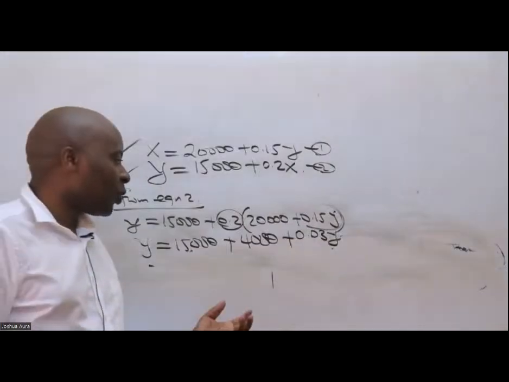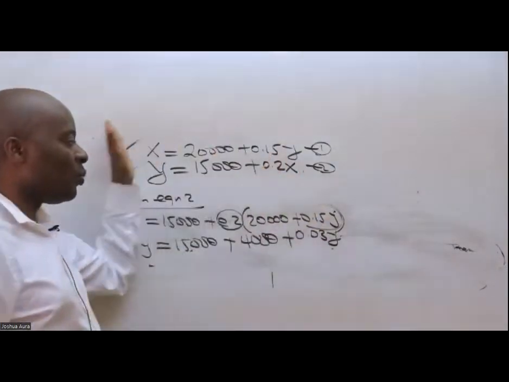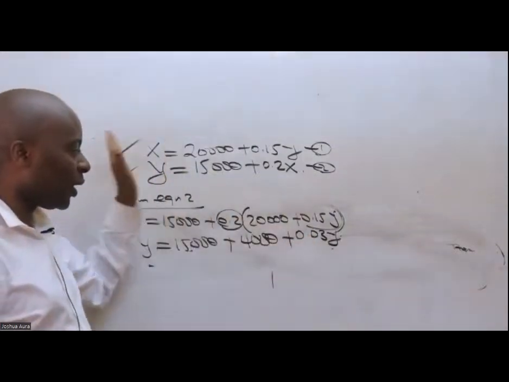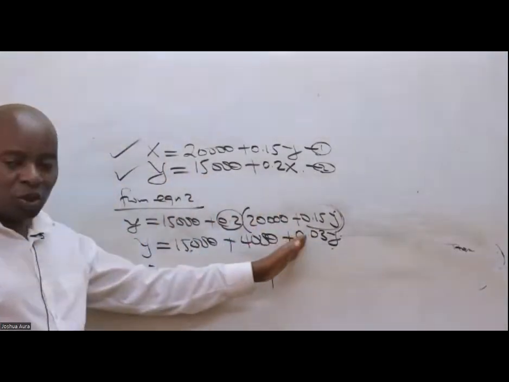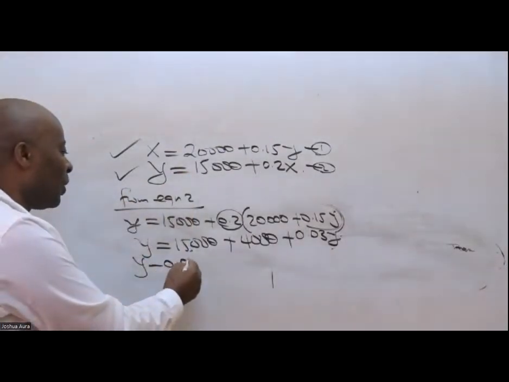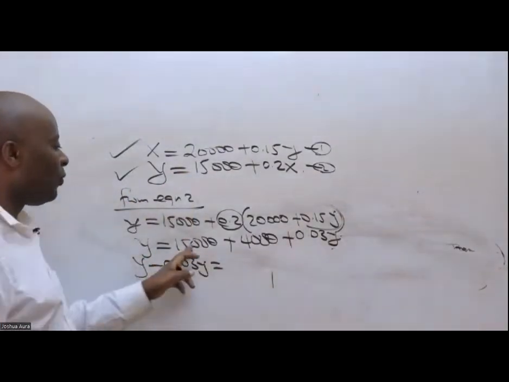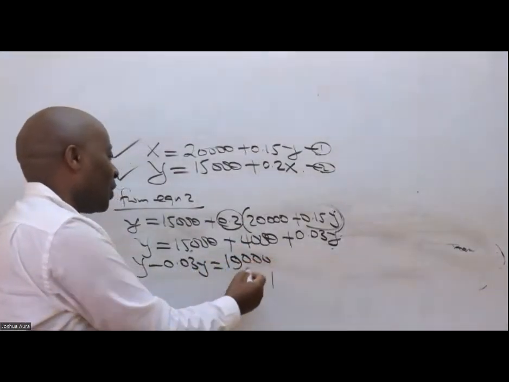I love that. So we have this term here and this term are like terms. So I want to bring this to the other side. Taking this to the other side, it has to change sign. It becomes minus. So it will be Y minus 0.03Y equals 15,000 plus 4,000 gives me what figure? Somebody gives me 19,000, like that.